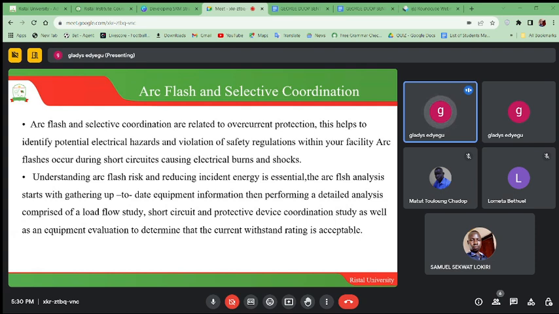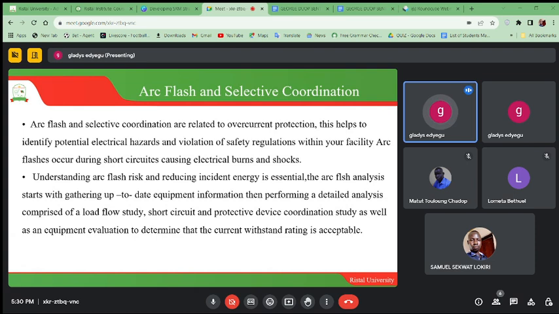So understanding this arc flash risk and reducing incident energy is essential. It is not something that should be ignored, but something that gives an indication that there is a problem. So it can help us reduce some of the dangers that would happen if we don't address it.